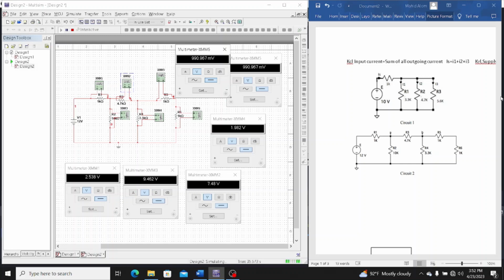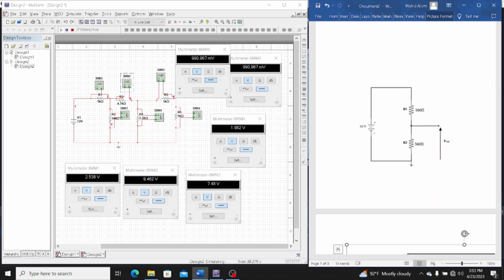Now I am going to do another experiment, and that is when we use potentiometer. So in order to do that, I just need to remove all of those things.